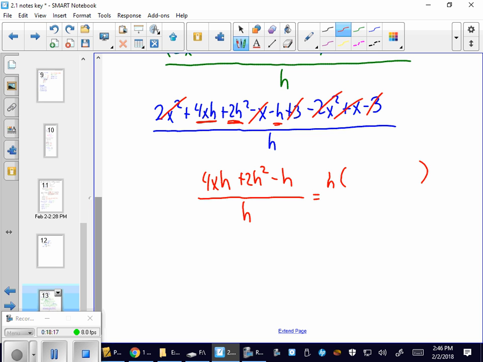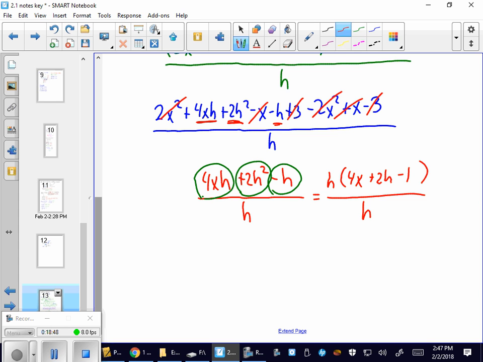If I factor the h out of this first piece, I would have 4x left over. If I factor an h out of this piece, I'm still going to have an h, but it's going to be a plus 2h. And if I factor the h out of that one, dividing negative h by h, I still have minus 1. And then you could check certainly by distributing, and it's all over h.